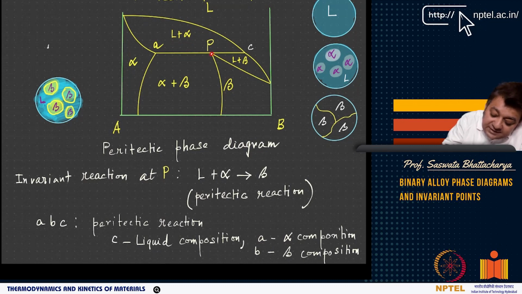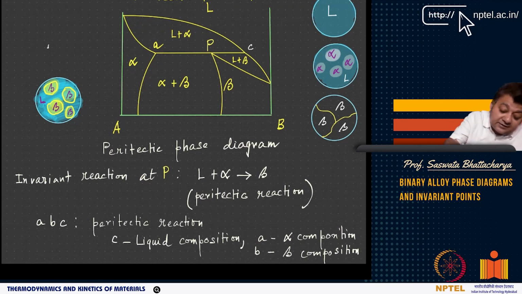At this point, C represents the liquid composition, A represents the alpha composition, and P represents the beta composition. So L plus alpha at point P is an invariant reaction where L plus alpha changes to beta. This is called a peritectic reaction.